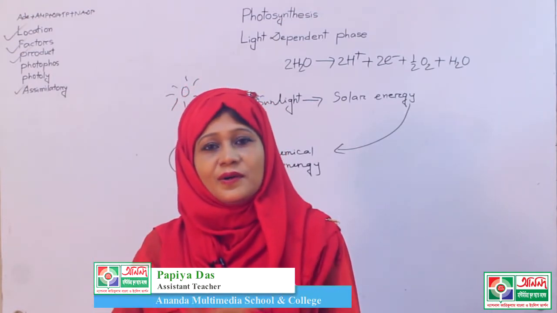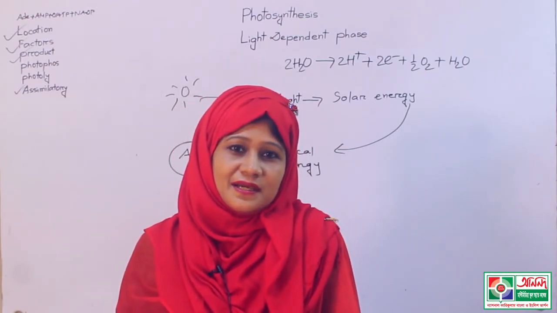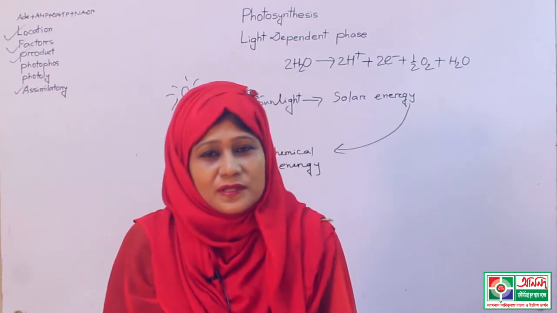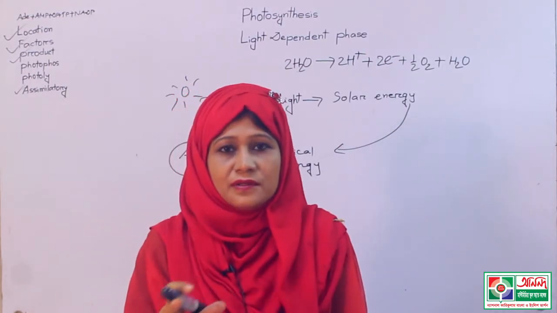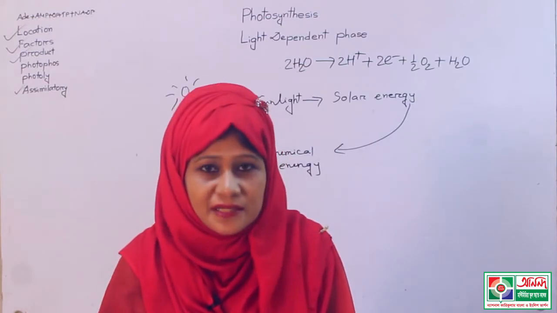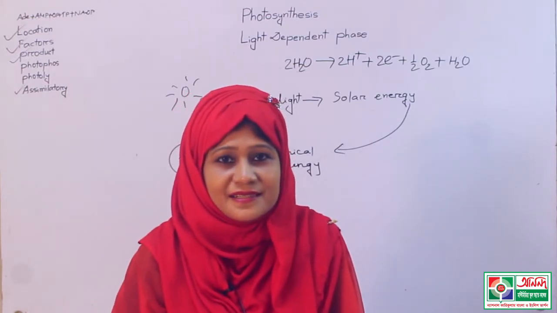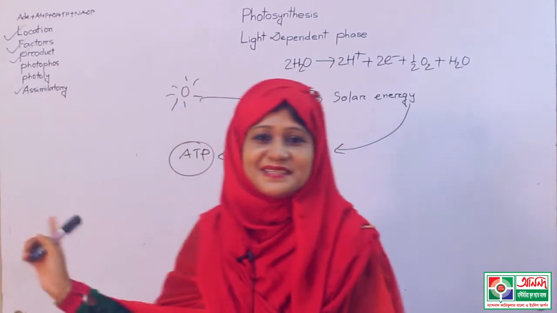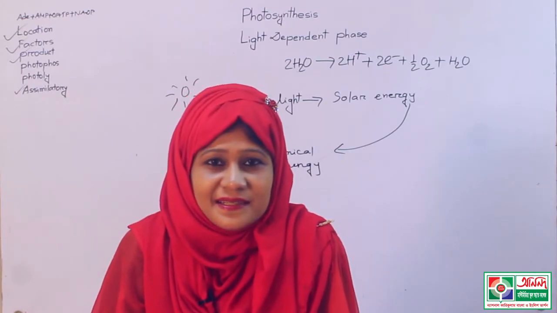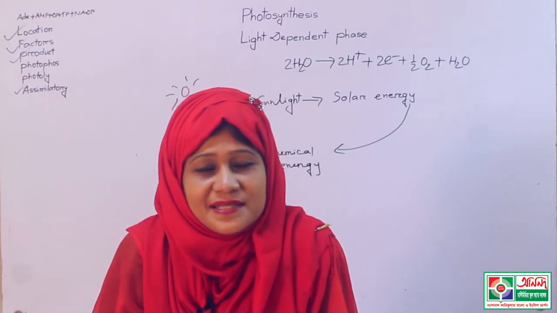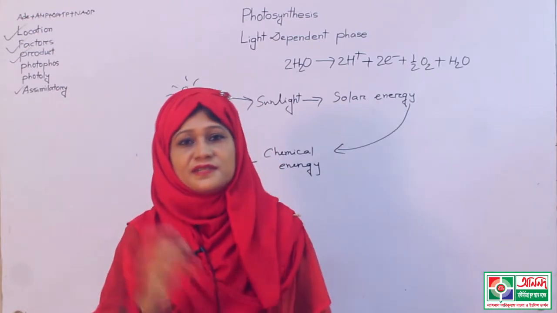After this, all the reactions completed, and also during light reaction chlorophyll molecule starts losing electrons and it needs to fulfill the electrons. For this, photolysis of water takes place, and the water supplies the extra electron to the chlorophyll, and this process continues.